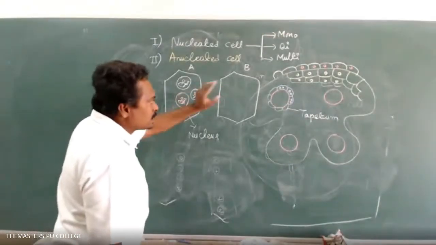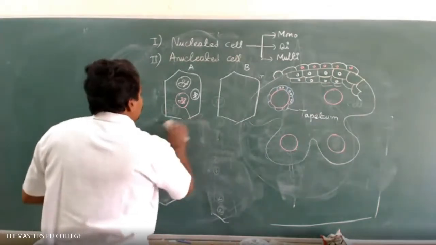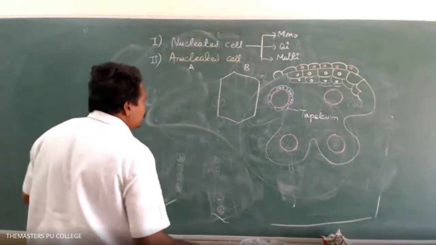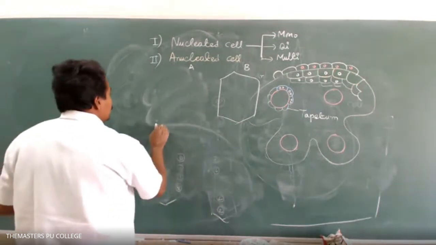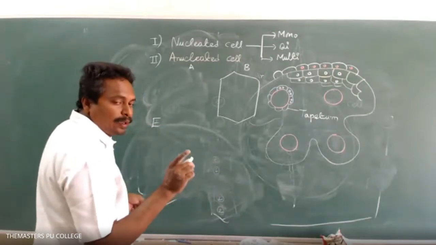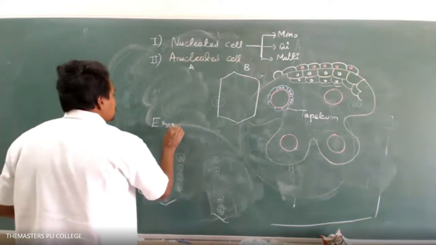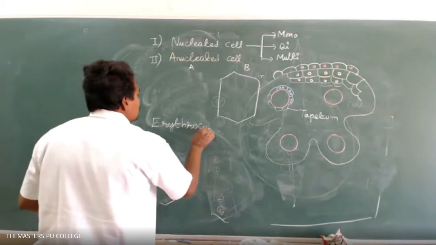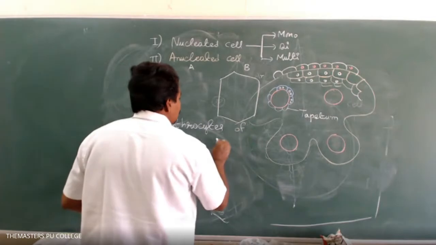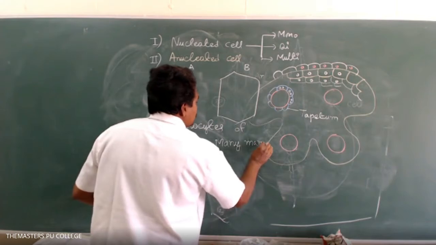What are the examples of enucleated cells? The erythrocytes of many mammals, mature cells. This is important from the objective point of view regarding enucleated cells. Write it down and highlight: erythrocytes of many mammals.